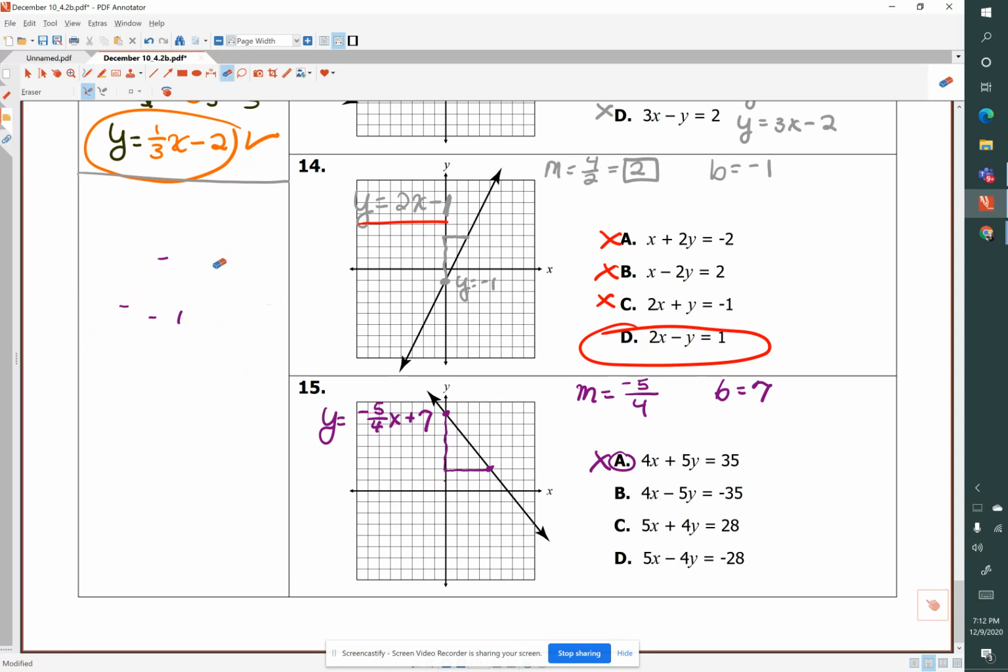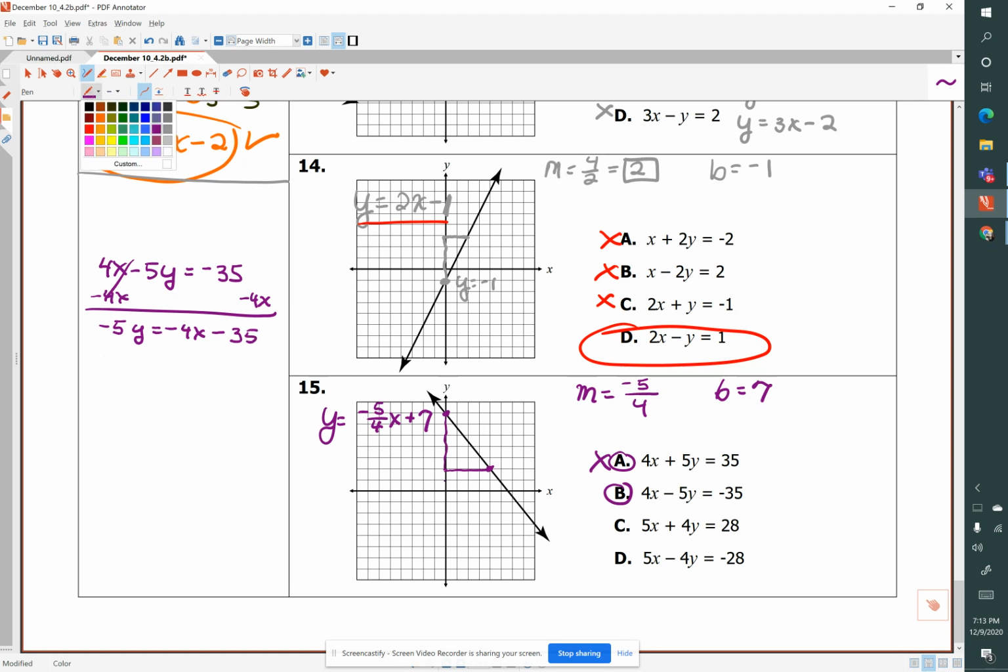So now we'll try B. You have to go through each one of these. It's the only way to do it. So B, 4x minus 5y equals negative 35. Subtract 4x from each side. And we have negative 5y equals negative 4x minus 35.